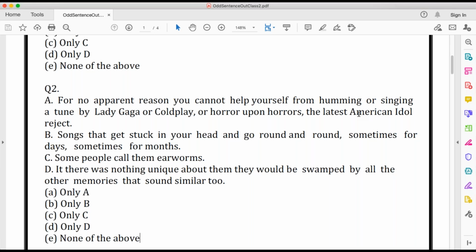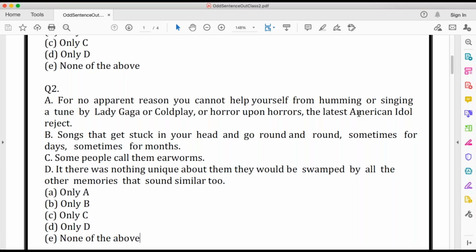Them is songs that get stuck in your head, songs that you keep on humming throughout, whether it's a tune by Lady Gaga or Coldplay, you keep on humming them for months and days. They are called earworms. So A, B, and C are talking about the songs which are earworms, and D is entirely unrelated to A, B, and C. D is not talking about earworms.